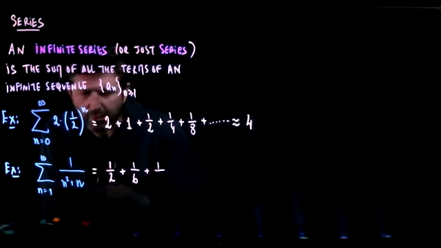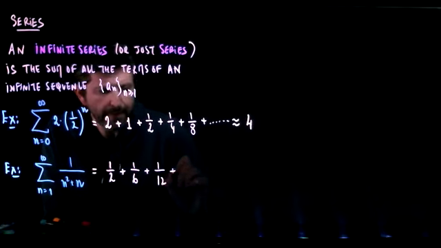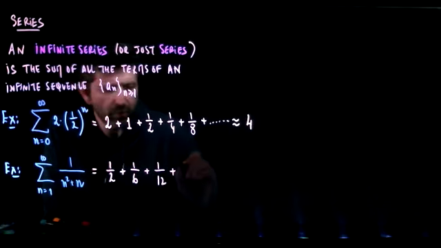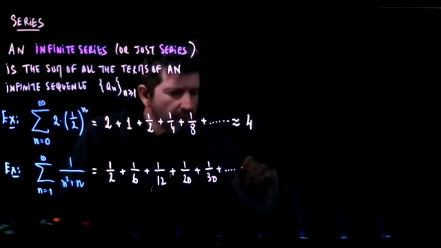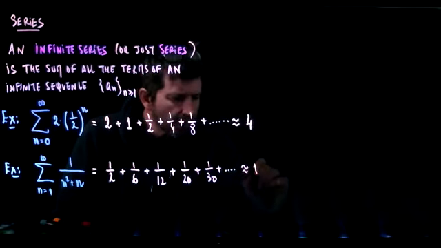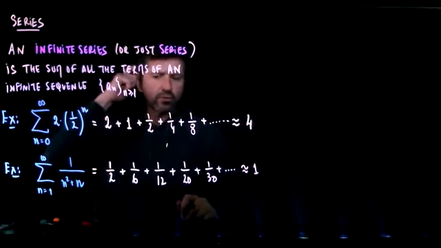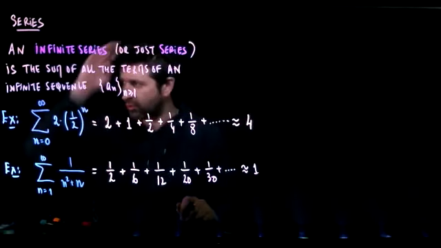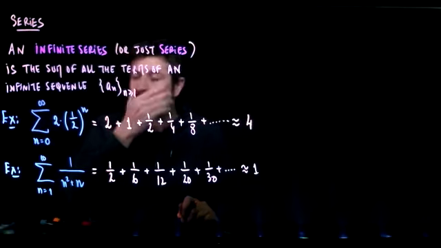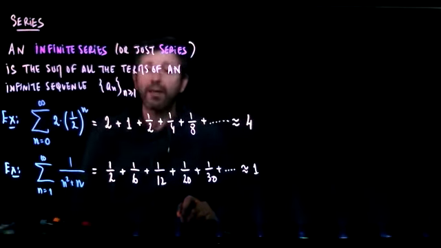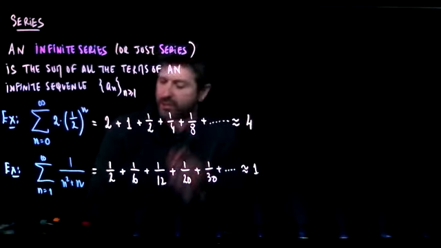If you plug in 3, you get 1/12. 4, you get 1/20. 5, you get 1/30. And so on. This is going to get closer and closer to 1. Any questions on what a series is?